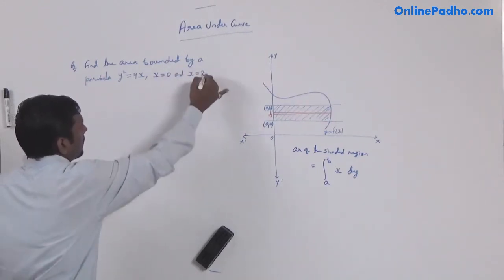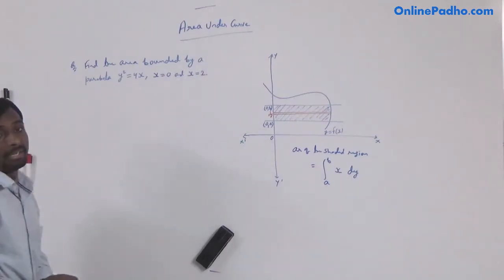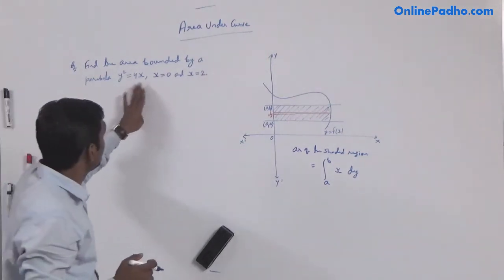Right? We have to find the area of this part. Area bounded by these three curves.